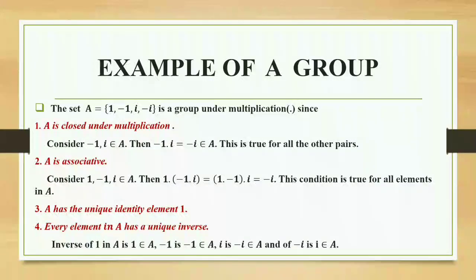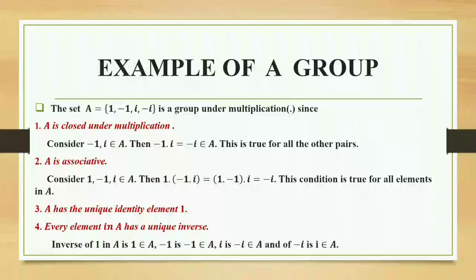Next, we consider the element i. Since i squared is equal to minus 1, we have i into minus i is equal to 1. So the inverse of i is minus i, and that element also belongs to A. And obviously, the inverse of minus i is i, and i also belongs to A.